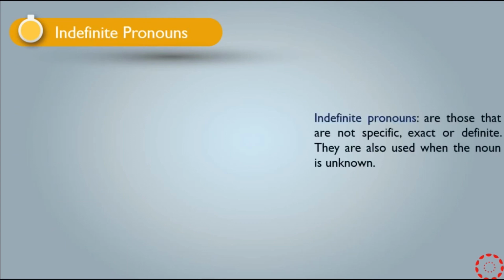Indefinite pronouns. What are the indefinite pronouns? Indefinite pronouns are those that are not specific, exact, or definite. They are used when the noun is unknown. For example, if there is someone and you don't know exactly who he or she is, we use indefinite pronouns.